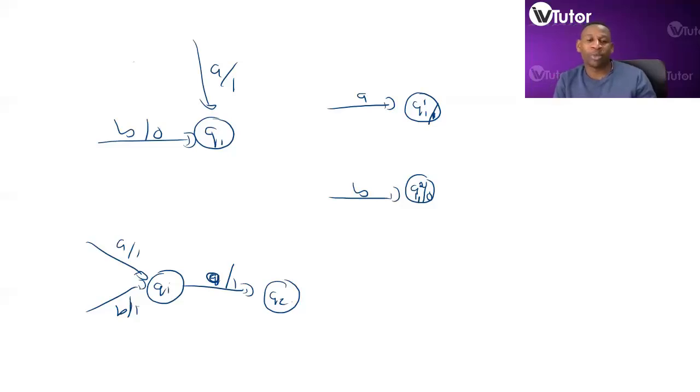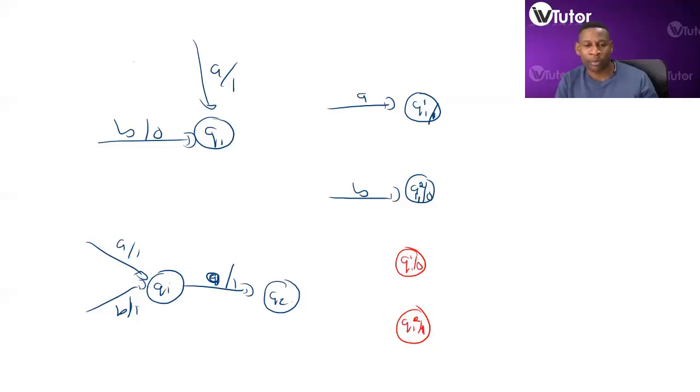What we'll do normally is we'll say Q2 is fine. We split out Q1. So we've got Q1, 2, and we've got Q1, 1. And then this is an output of 0, this is an output of a 1.